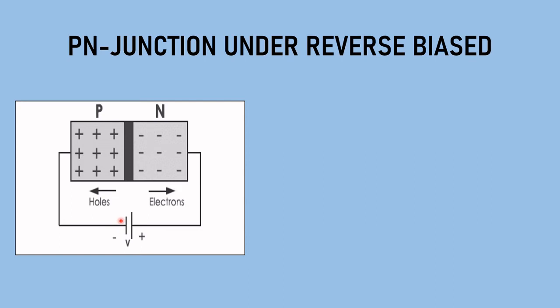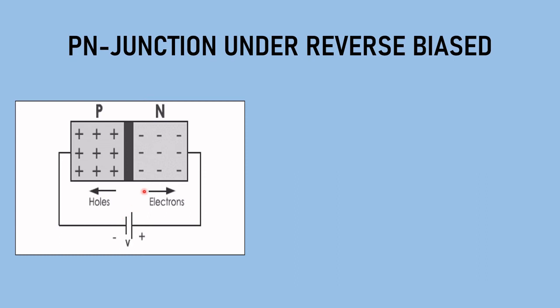So what does it mean? The net effect is a widening of the depletion region. This widened depletion region creates a barrier for the majority carriers to overcome, effectively reducing the majority carrier flow to zero.